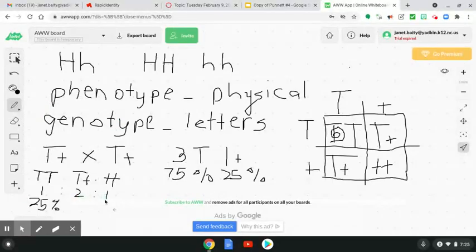And this is going to be 25% because there's only 1 box. And then 25, 50, 25 would add up to 100%.